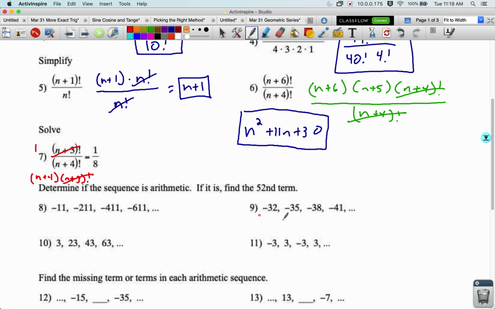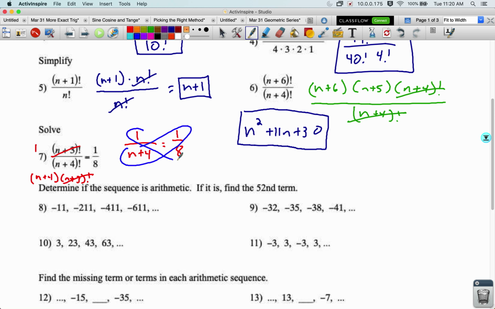I have to leave something behind on the top, so I leave a 1. Now I've got the equation 1 over n plus 4 equals 1 over 8. All right, cross multiply here to keep going. So circle, circle. We get 8 equals n plus 4, minus 4, minus 4, n equals 4.